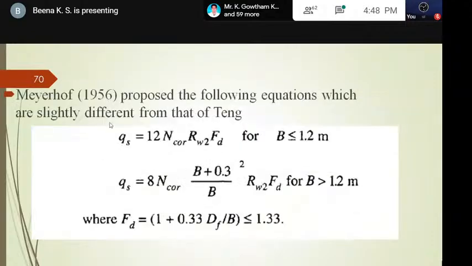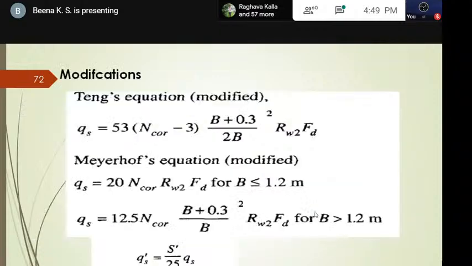Then Meyerhof suggested this equation in 1956 as QS equal to 12 N corrected Rw2 FD for B less than or equal to 1.2 meter, and for B greater than 1.2 meter, he put it as 8 N corrected ((B plus 0.3) by B) the whole square Rw2 FD, where FD is given as 1 plus 0.33 DF divided by B, and FD should be less than or equal to 1.33.